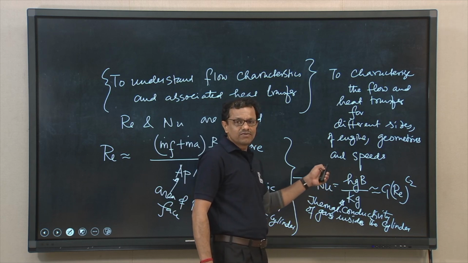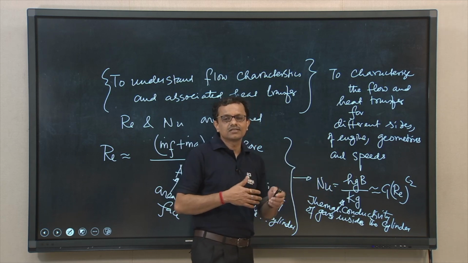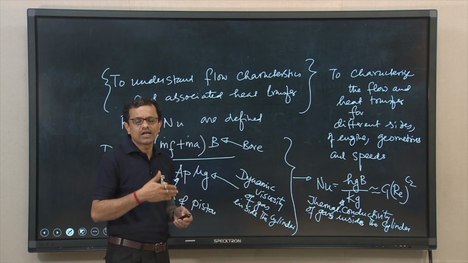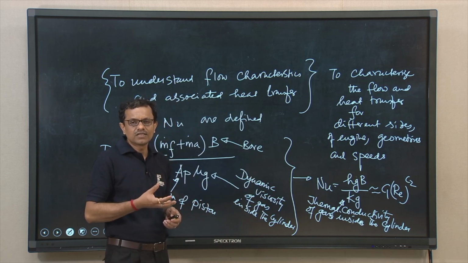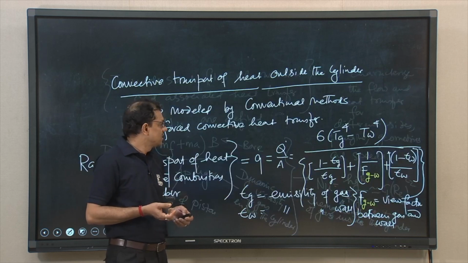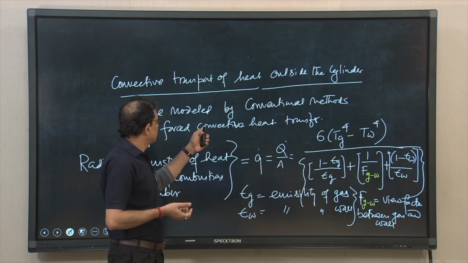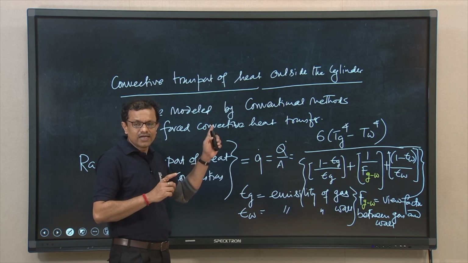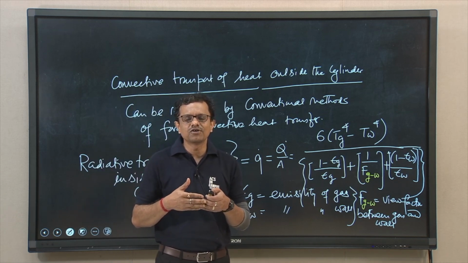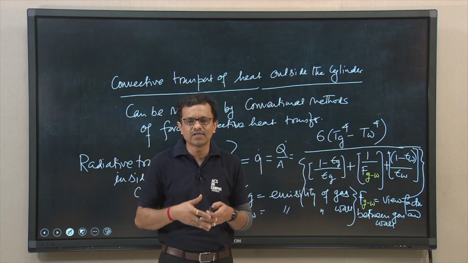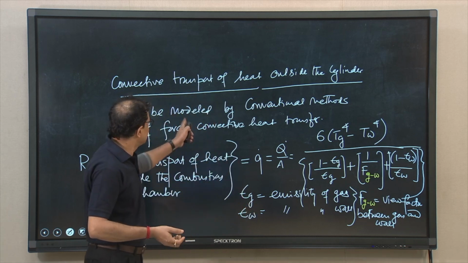These two numbers are defined just to characterize the flow and associated heat transfer for different sizes, geometries and speeds of engine. Finally, to characterize the flow and convective transport of heat outside the cylinder, we can simply use a forced convective heat transfer model.